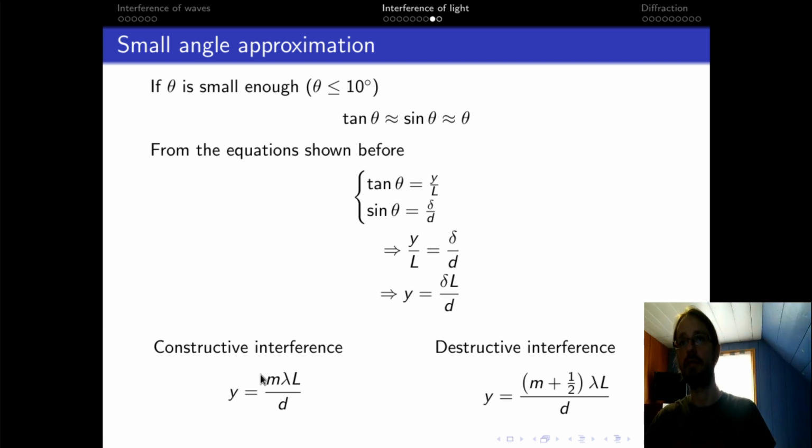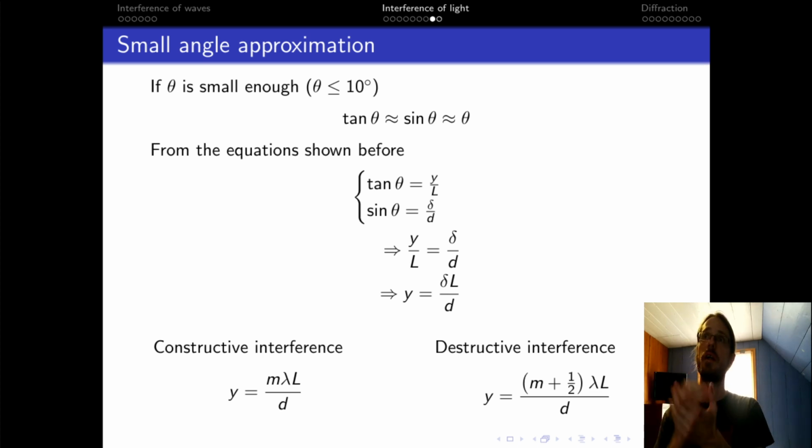If we're looking at a fringe whose order is 0, 1, 2, 3, chances are it's pretty close to the center. However, if you're looking at the 50th or 300th fringe, it's probably a bit further away from the center. So the small angle approximation might not be such a good idea for this case. So you can gauge it also with the value of m. If you're not sure, the general case always works if you are willing to put in one extra line of calculations.